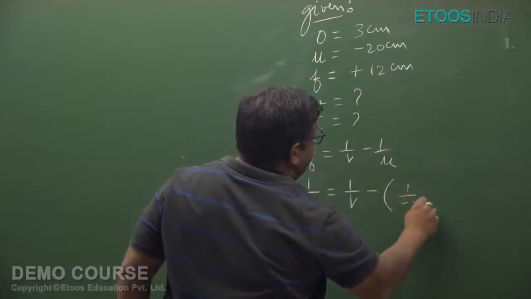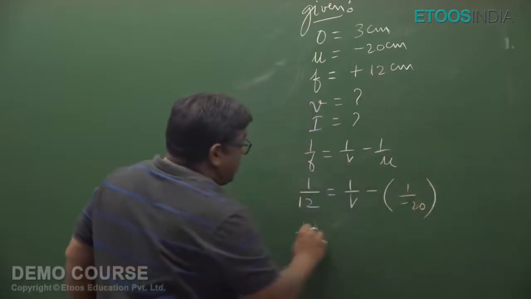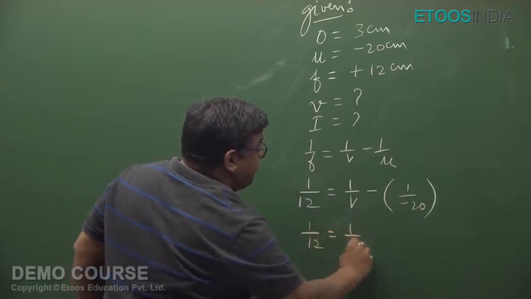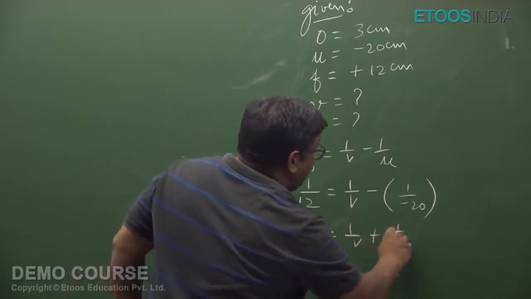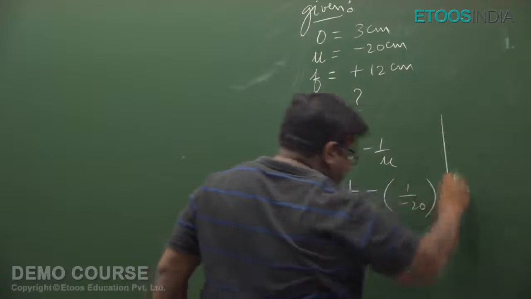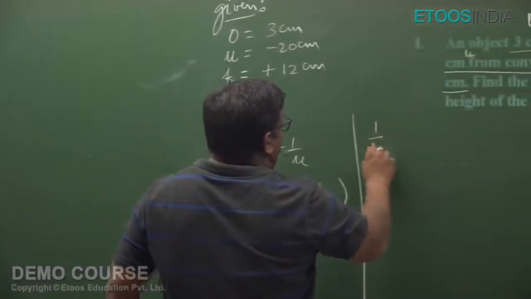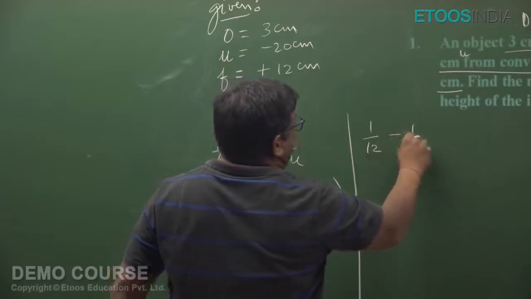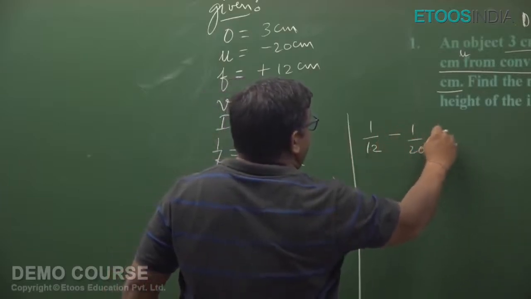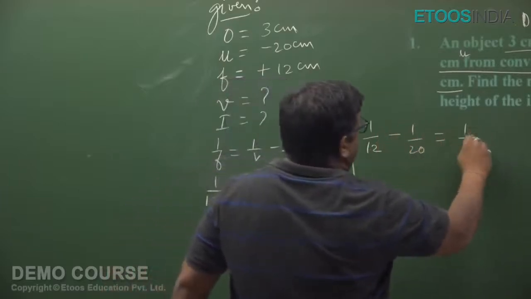It's minus 20. So 1 upon 12 is equal to 1 upon V plus 1 upon 20. Is it clear? Now 1 upon 12 minus 1 upon 20 will give you 1 upon V.